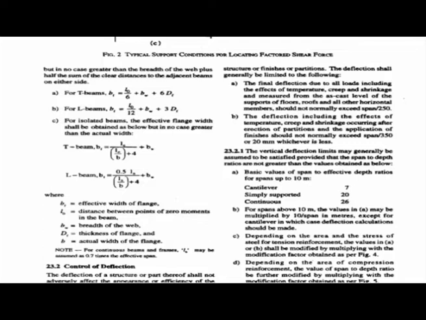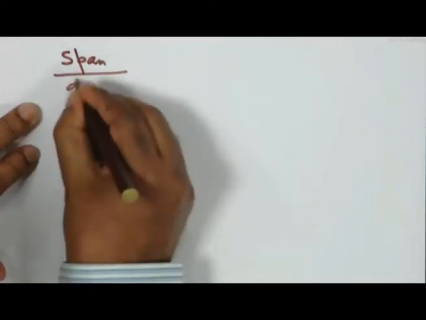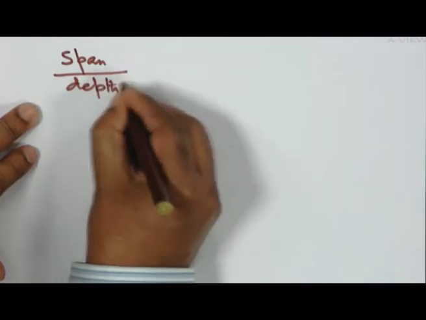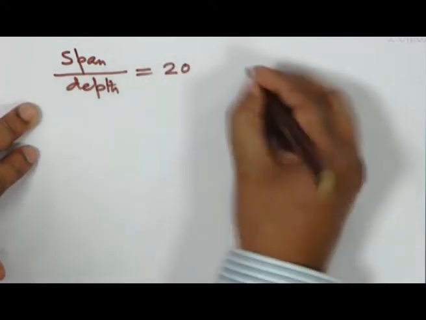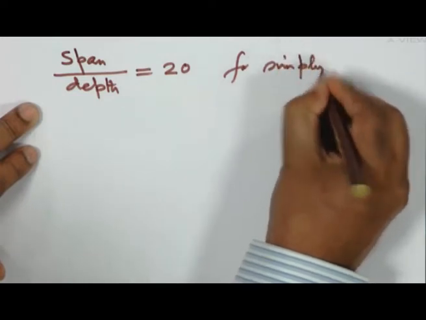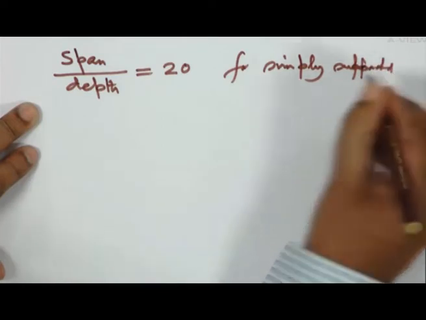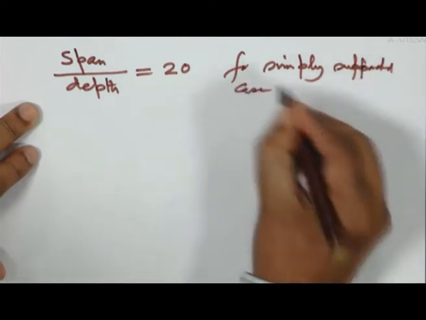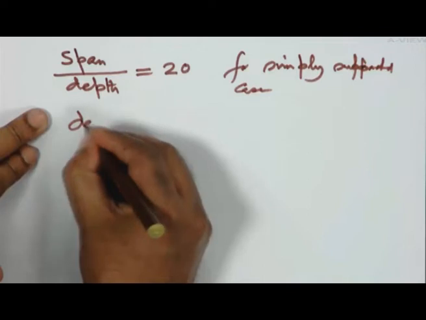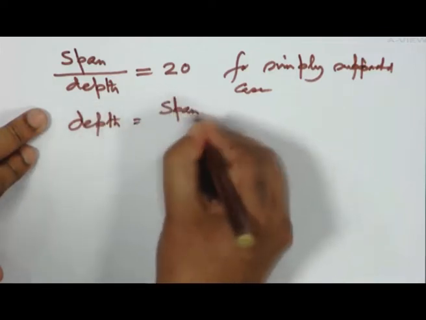So here, if we consider span by depth equal to 20 for the simply supported case, I can find out depth equal to span by 20.